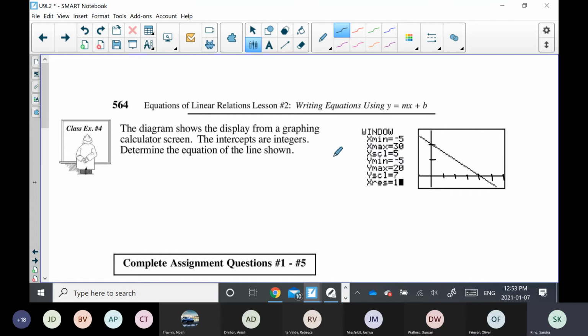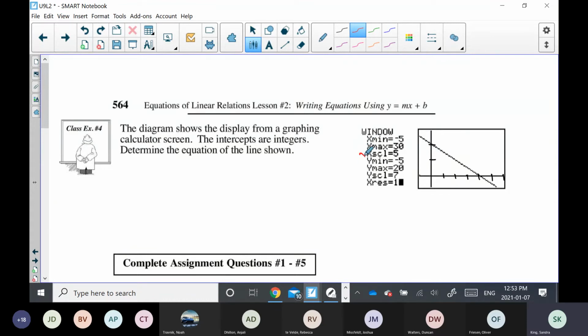The hatch marks aren't really shown nicely, so I want you to put your hatch marks in nicely. A lot of students would say it's going through X at 1, 2, 3, 4, and through Y at 2. That would be a really good guess, because that's what it appears to be doing.